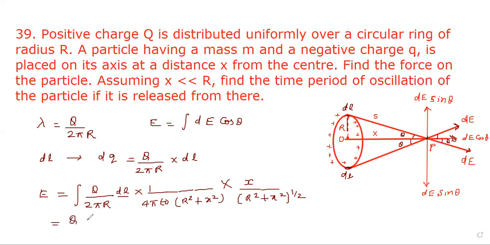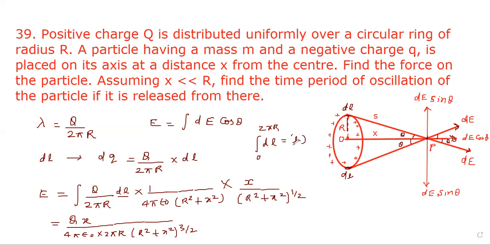So it will become Qx divided by 4 pi epsilon naught times 2 pi r times r square plus x square whole power 3 by 2, and integration dl with limits from 0 to 2 pi r, which will give 2 pi r.